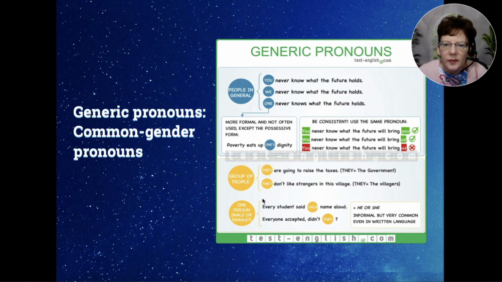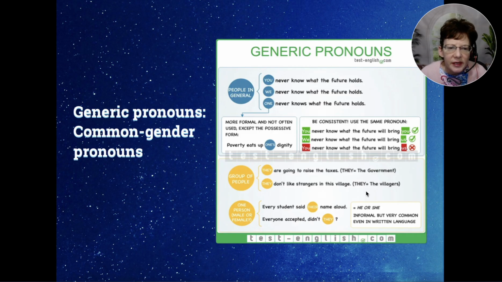Anyways, groups of people is the next thing. So, for example, when you're talking about this in general, they are going to raise the taxes. Okay, they mean the government when they say they. Or there's this one, they don't like strangers in this village.